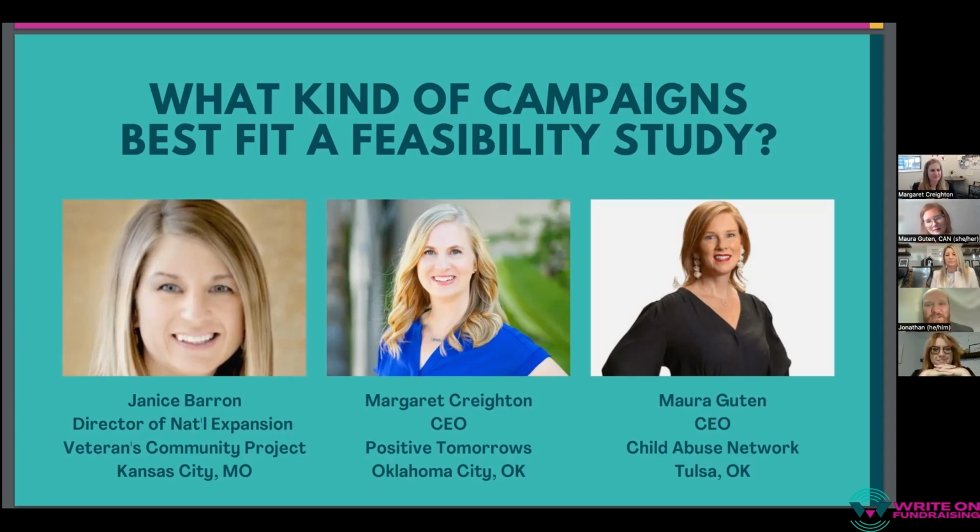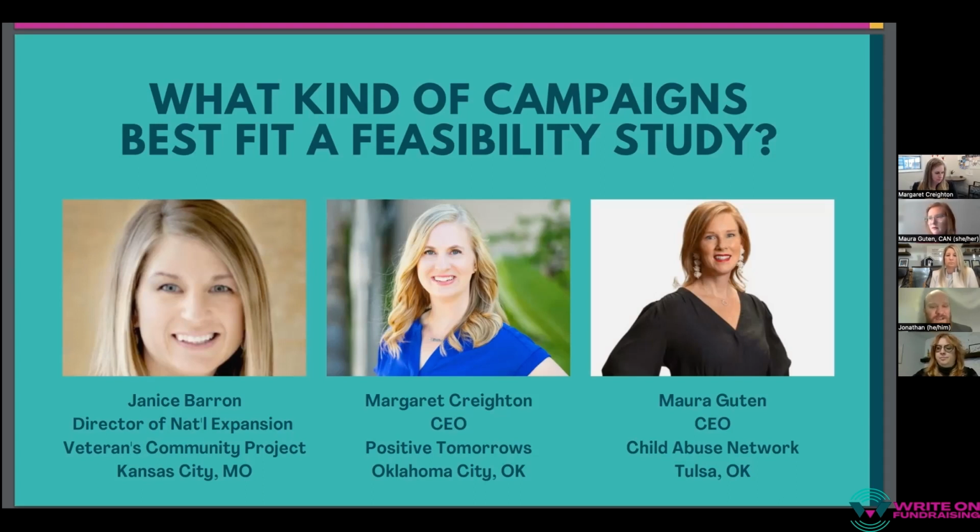And last but certainly not least, I want to introduce Maura Guten. Maura is the president and chief executive officer of the Child Abuse Network, a local nonprofit here in Tulsa that provides collaborative services to child abuse victims and their families. Maura has worked in the nonprofit sector for more than 15 years and previously served as the executive director for Tulsa court-appointed special advocates.